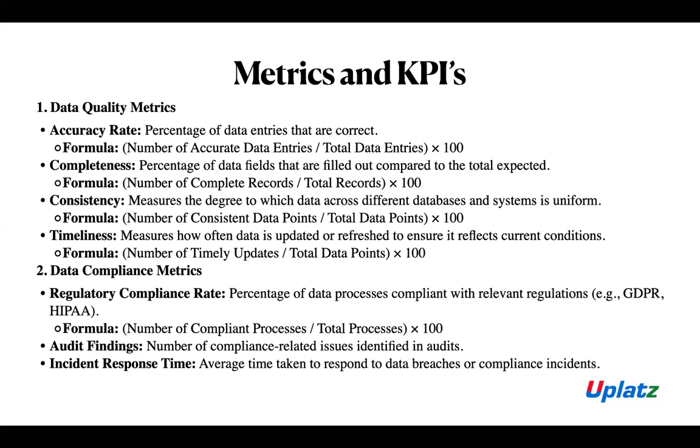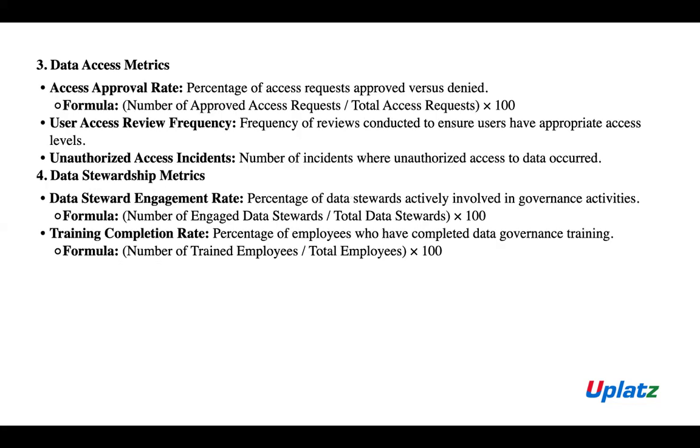Audit findings: the number of compliance-related issues that are identified in audits. Incident response time is the average time taken to respond to data breaches or compliance incidents. The third one is data access metrics, which includes the access approval rate.